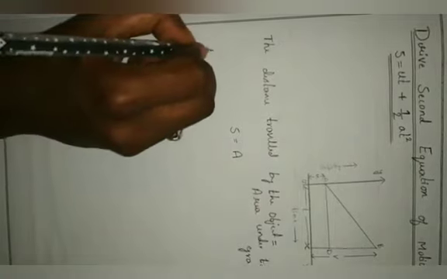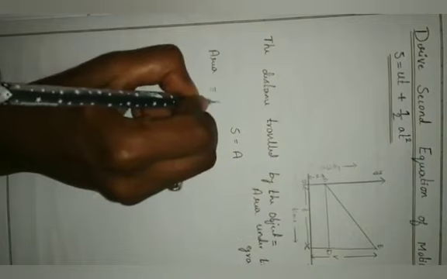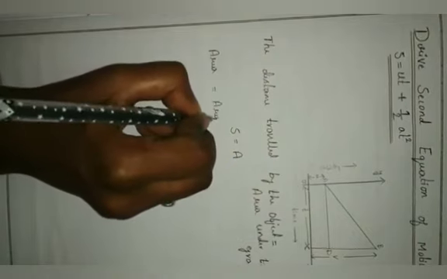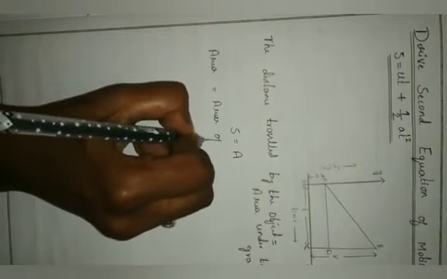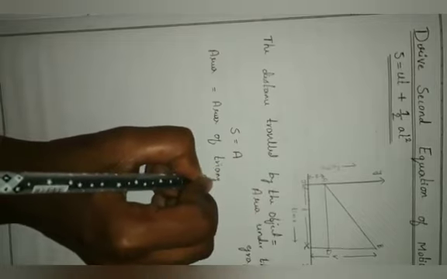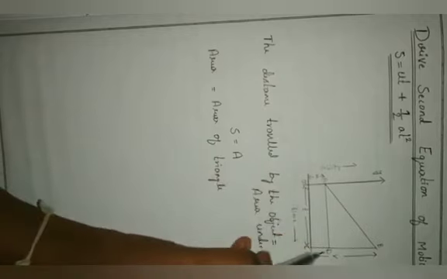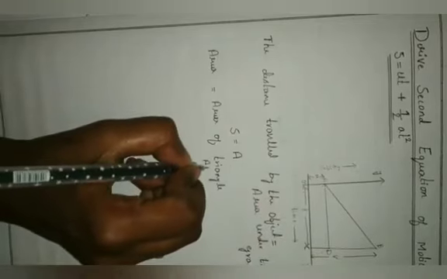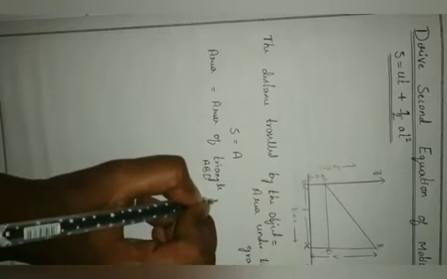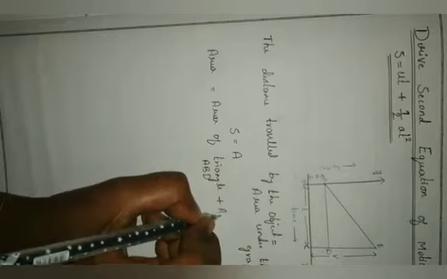Total area is equal to area of triangle ABD plus area of rectangle ADCO.